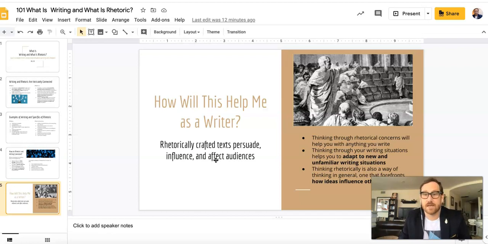So you want to take the time to consider, okay, who am I writing to here, and what are they looking for? What is expected of me? And when you begin to think of writing like this as situational, as rhetorically embedded, it's easier to adapt to new writing situations.